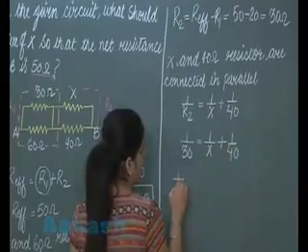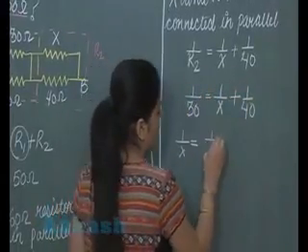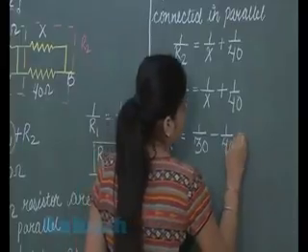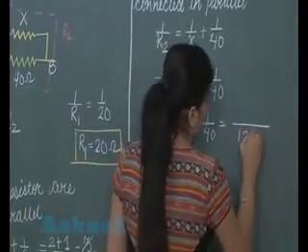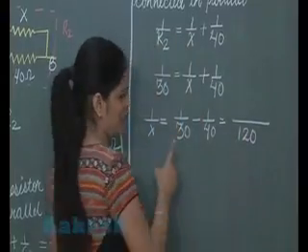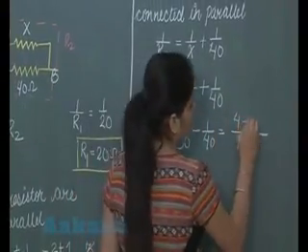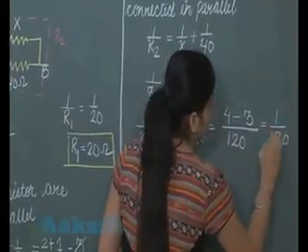Student, we can take this on this side and we get 1 by 30 minus 1 by 40. We can take the LCM, which comes out to be 120. So student, in the numerator we will have 4 minus 3, which is 1 by 120.